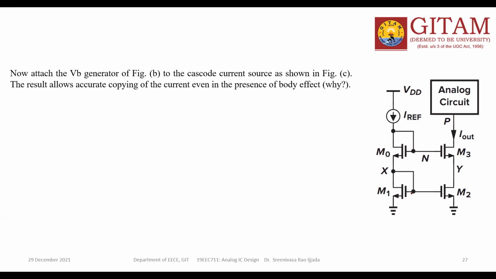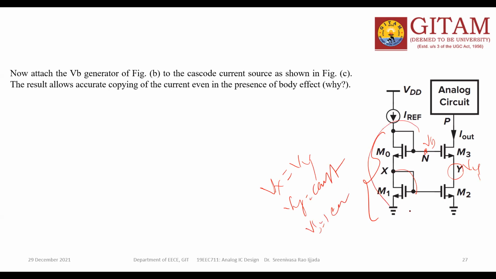Because VB is produced by these two devices, Vy is constant and Vx is equal to Vy, and Vy is constant because VB is established by this network.